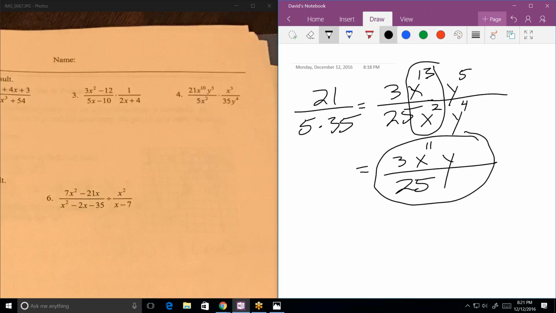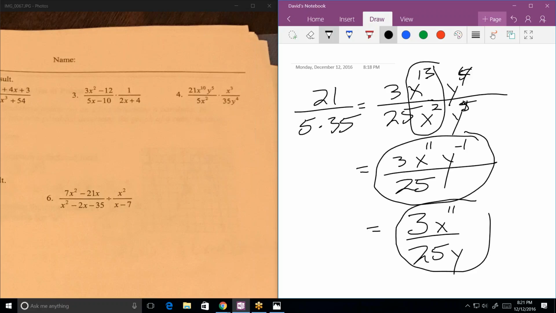In other words, if I were to switch this around and make that y to the fifth and this y to the fourth, well, that would make it y to the minus 1. But that's a negative exponent, so I would move it to the denominator, and I'd end up with 3x to the 11th over 25y. In other words, if you end up with a negative exponent, just move it to the other side of the fraction bar.